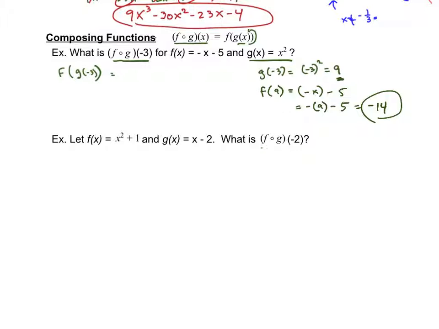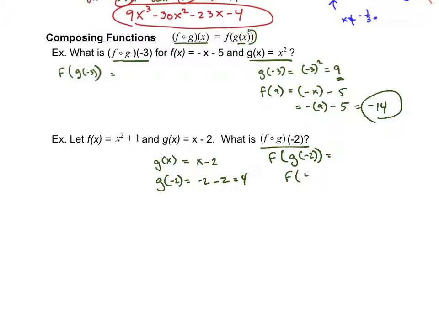Looking at this next set, it is asking me to find f of g of negative 2. I take g of x is equal to x minus 2, and I find g of negative 2 by replacing x with negative 2. That tells me that g of negative 2 is going to be 4.